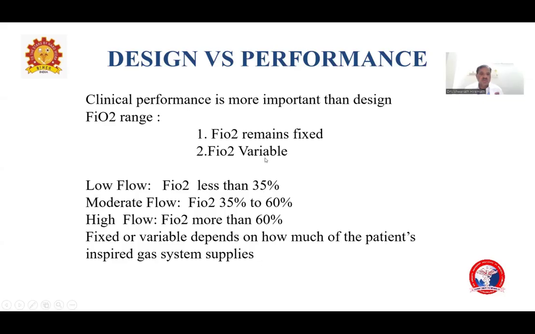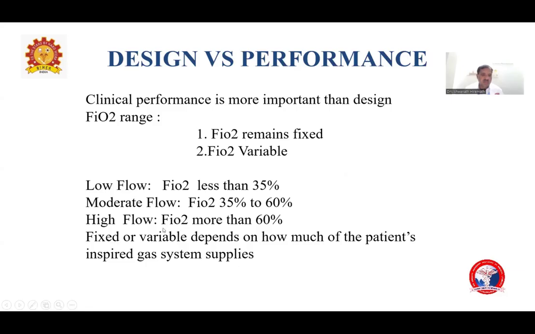Two types of device: they provide either fixed FiO2 supplementation or variable FiO2 supplementation. With low flow devices, FiO2 provided is less than 35%. Moderate flow, 35 to 60%.